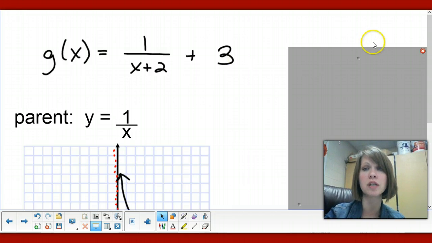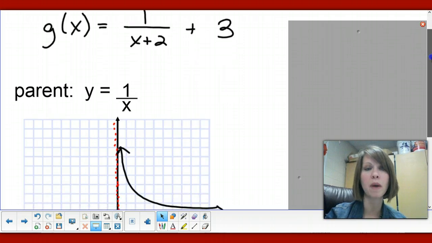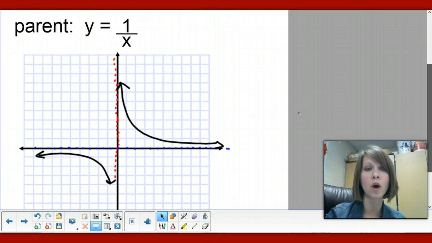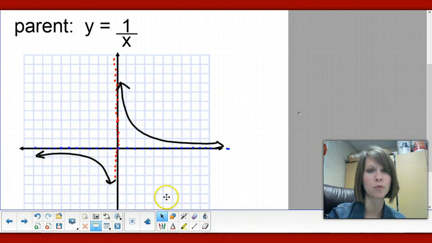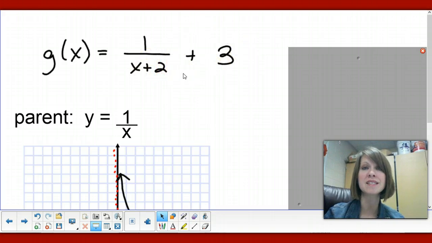All right, so using transformations, what we are going to do is take a look at the parent graph, y equals 1 over x, with a vertical asymptote of x equals 0 and a horizontal asymptote of y equals 0. I could have extended this branch, I just didn't have enough room on the board when I was drawing this out. But we have the parent graph, and then we need to talk about how the plus 2 and the plus 3 translate that function.